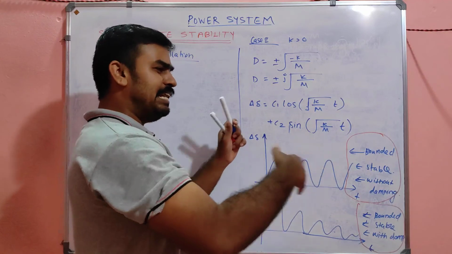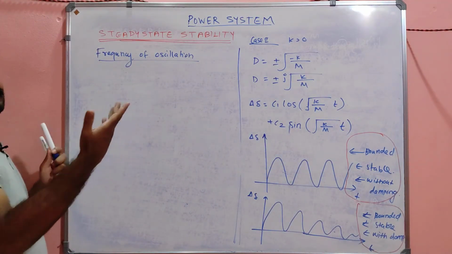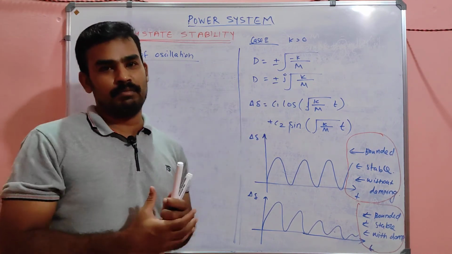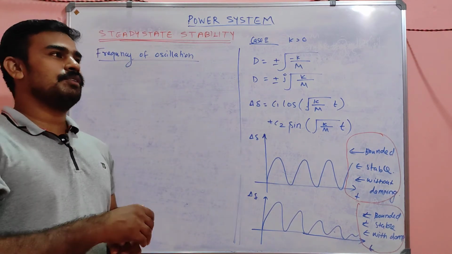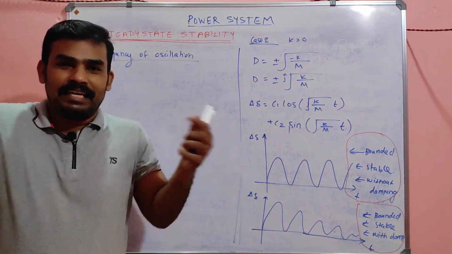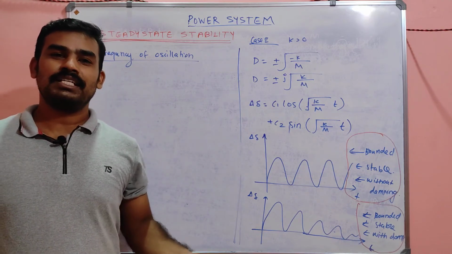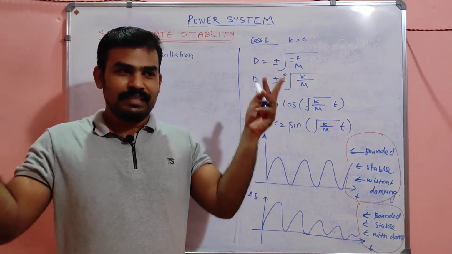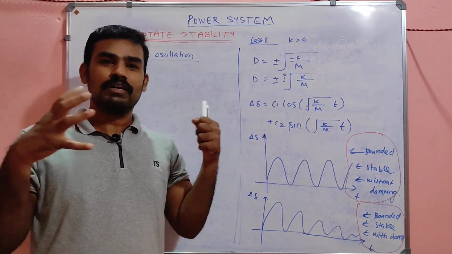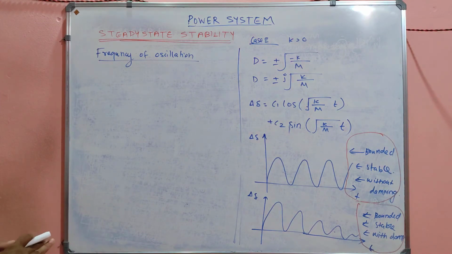The same thing, in a different manner and explanation, appears in power system also. That's why I told you that when you learn something deeply, you can connect every subject. There is no separate circuit theory, machines or power system. You can conclude it as one.